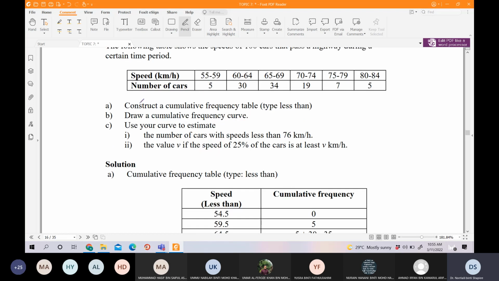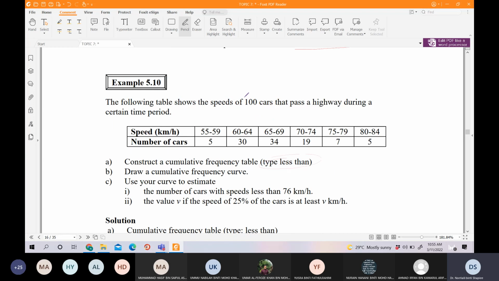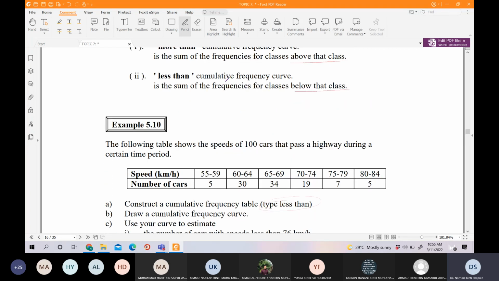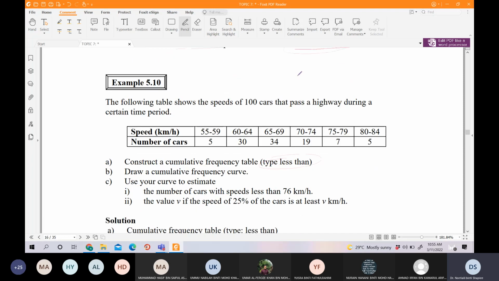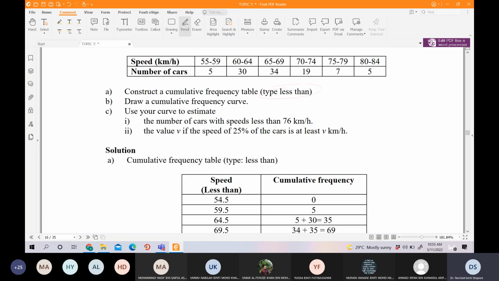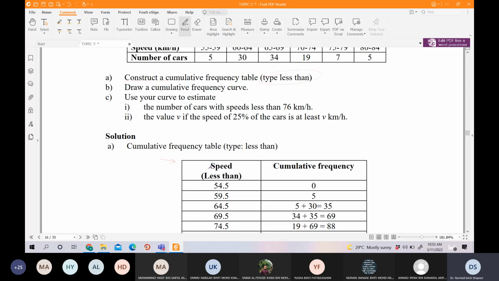First, what should you do? You have to construct a cumulative frequency table of type less than. When we say less than, it means you have to sum all the frequencies for classes below that class. What is the meaning of below that class? Look at here. Construct a cumulative frequency table, so you have to build a table.